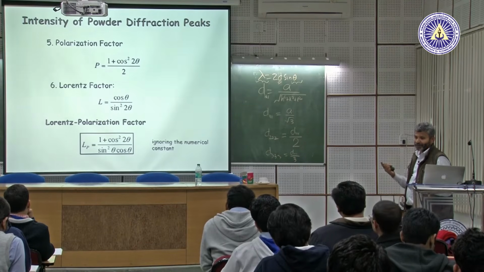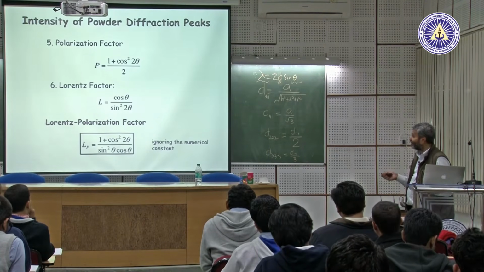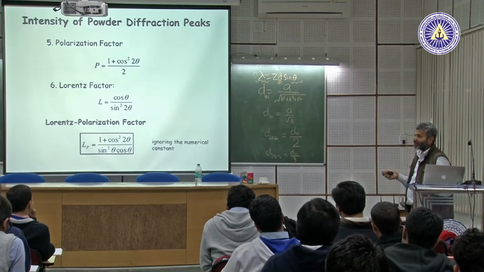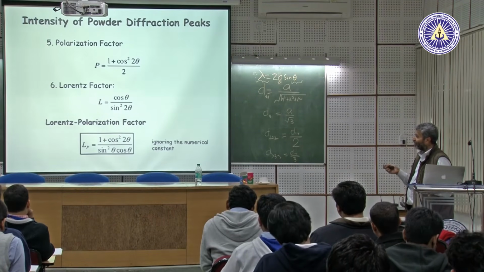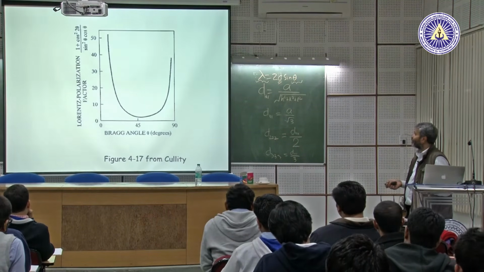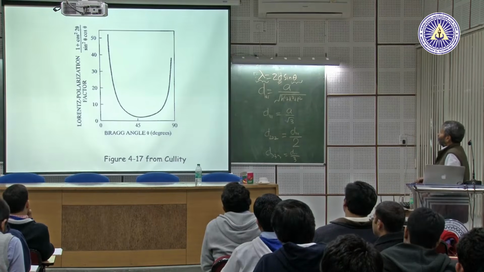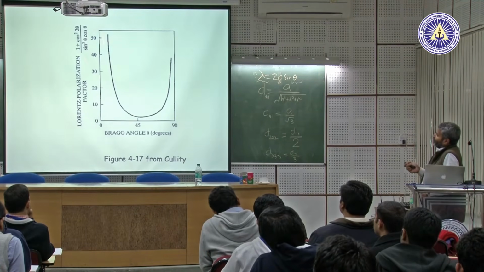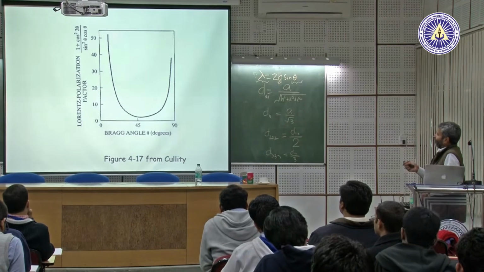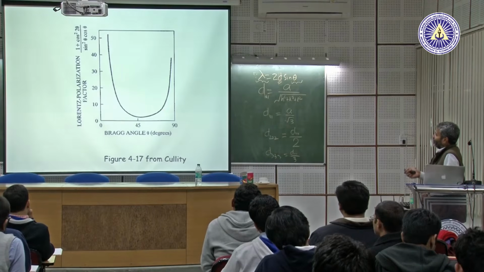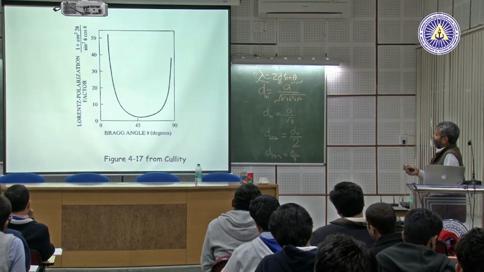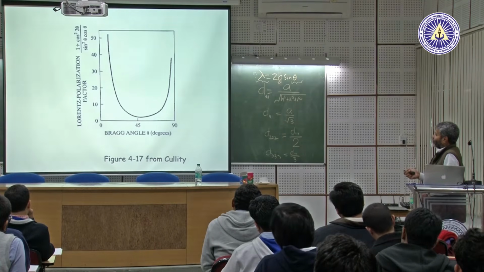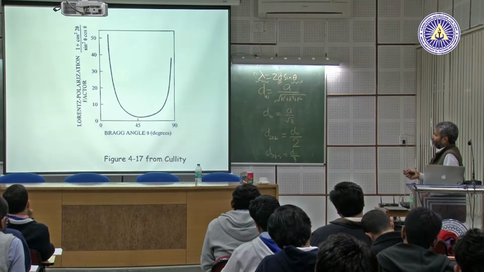Apart from the structure factor, if the structure factor is making the intensity 0, then this will not help, but given that the structure factor is giving you some intensity, further this will be multiplied. And this factor itself, if you plot it against Bragg angle, shows an interesting variation. At lower and higher angles of theta, it has a high value, and at around theta equal to 45, it is very low.